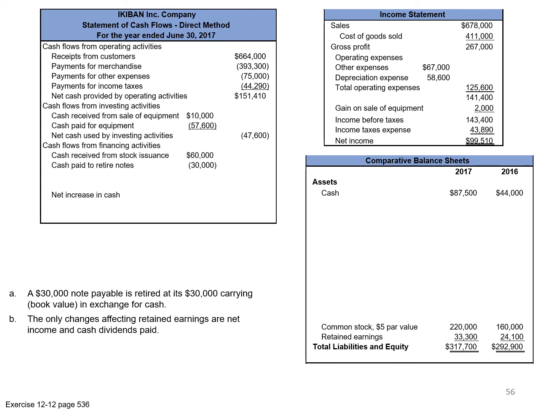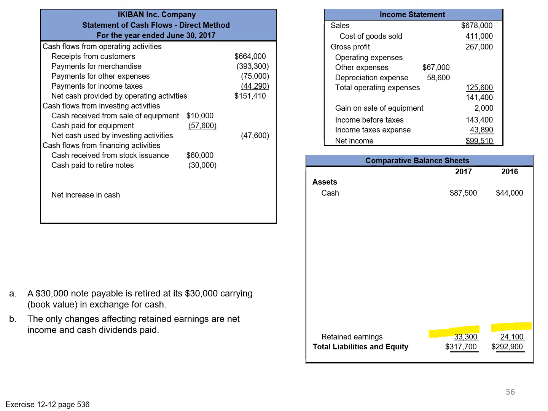Then they tell us that we issued some stock, right? Because it went up. So we got $60,000 additional dollars, increased cash. Then we have the retained earnings section of our cash flow. So they tell us the only changes affecting it were net income and cash dividends.